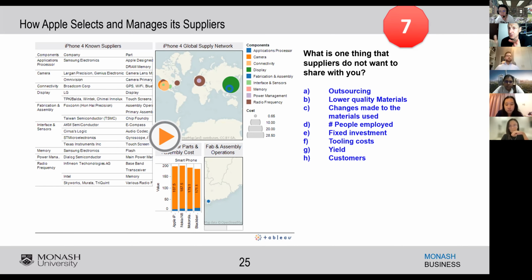We're trying to make this interactive tonight. One thing. Into the chat room, please. One thing they do not want to share with you.